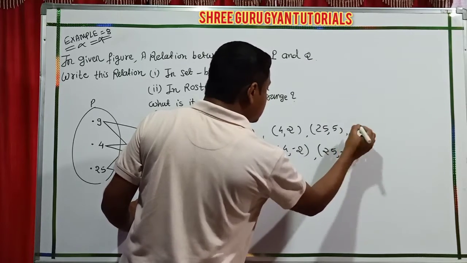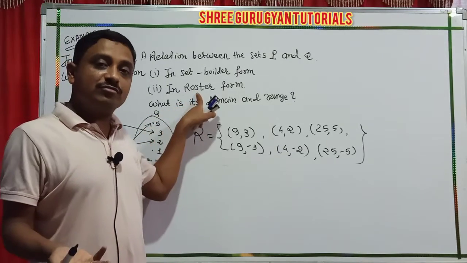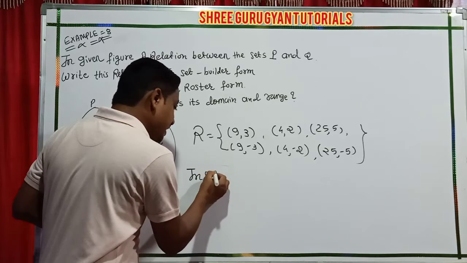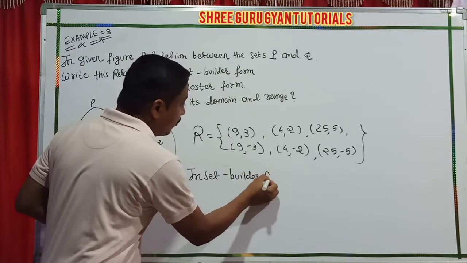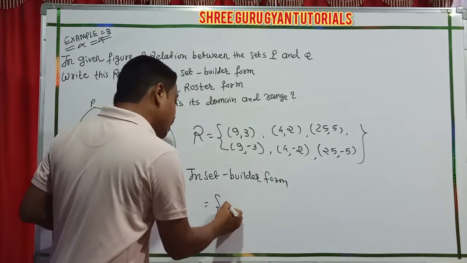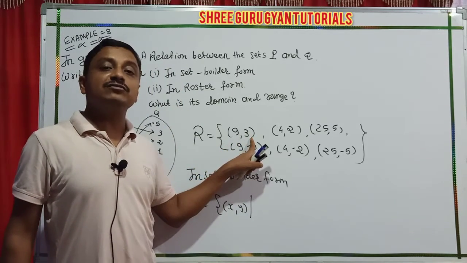It means, students, this R is our roster form. And you also check our set builder form. Yes, in the set builder form, you apply in the relation x comma y such that x is 9 and y is 3.